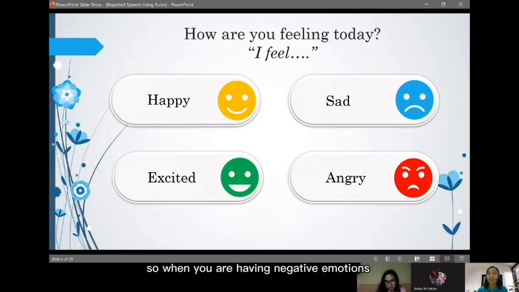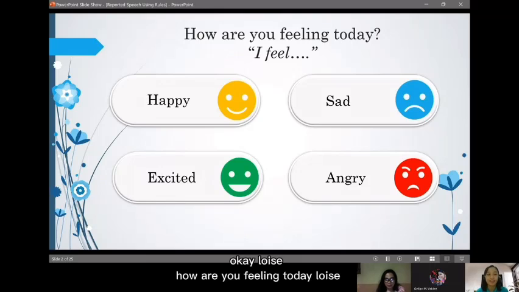When you are having negative emotions, you can stand up, release the tension, and then breathe in and breathe out, and then return to class. Who wants to volunteer to try this out? Anyone?